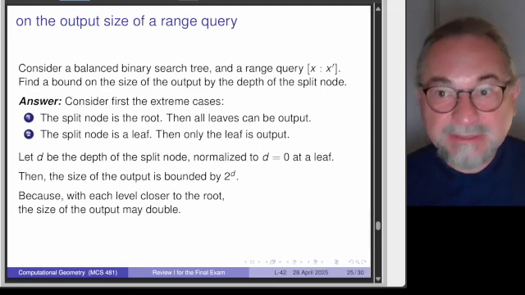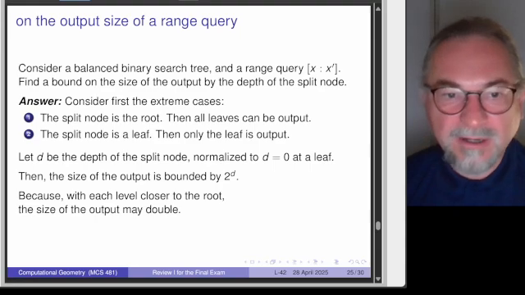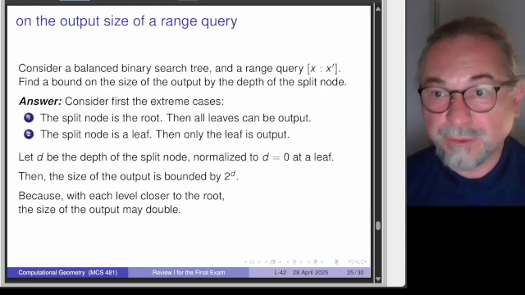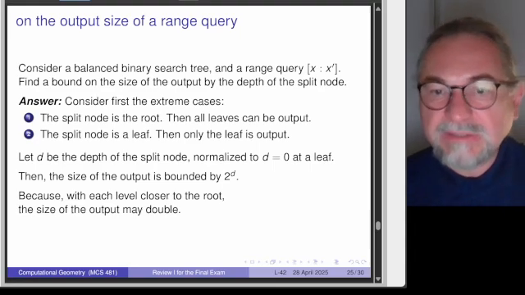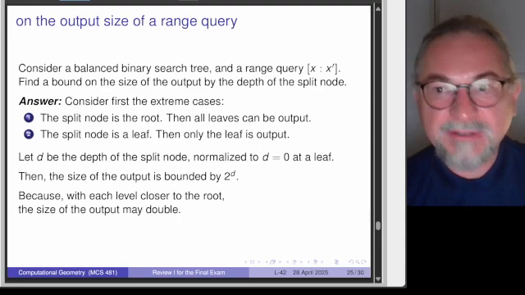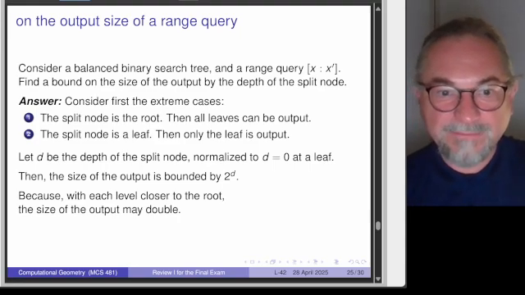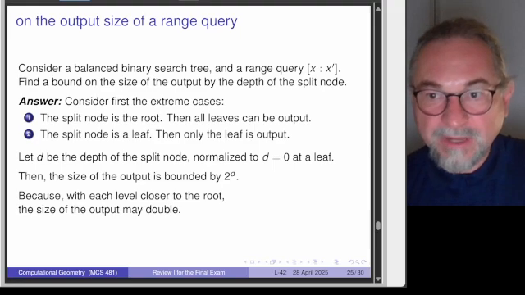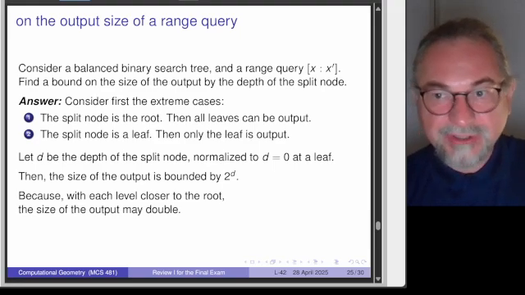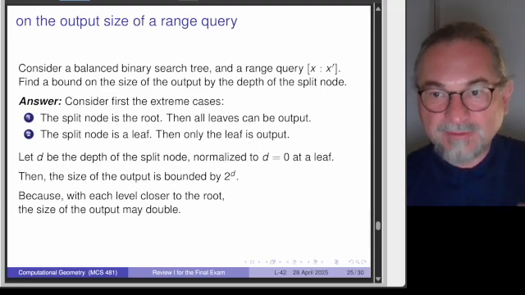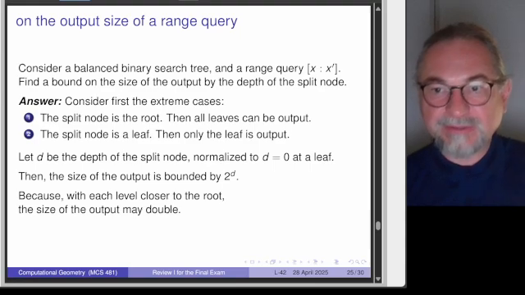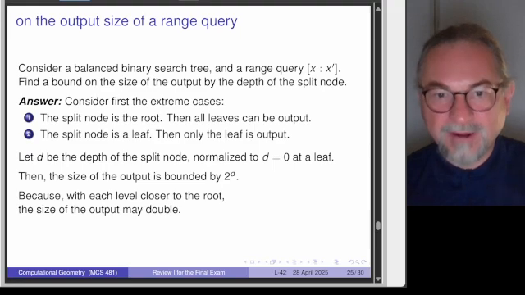It could also be that the split node is just a leaf. And then you have to report only one number. So these are the two extremes. Now we can reason from the leaf. We have only one point, and each time it's a binary tree. Each time we go one level up, the depth changes by one.